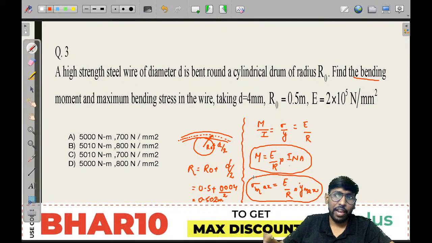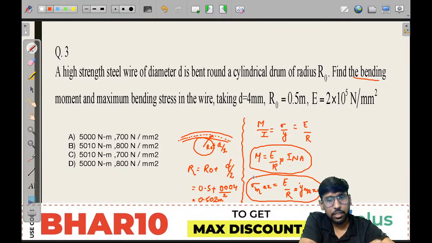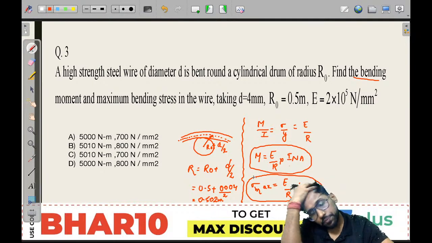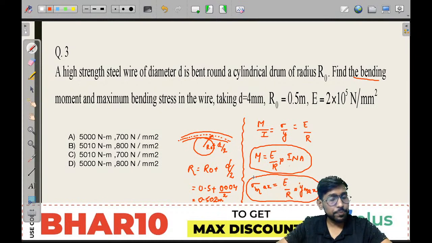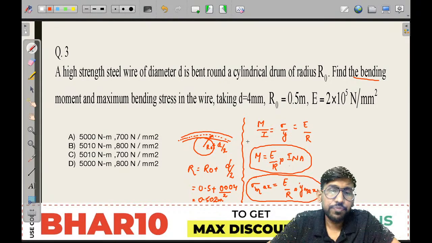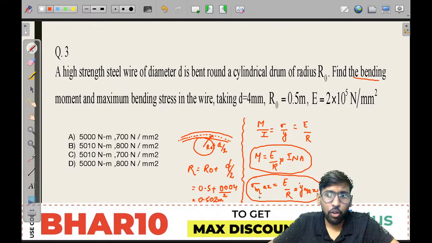Try to find the value of M and sigma max.